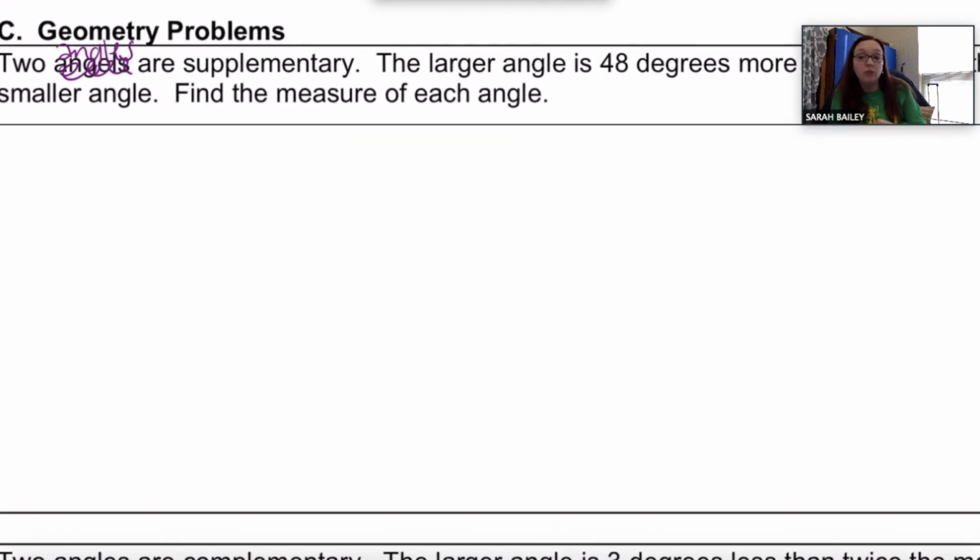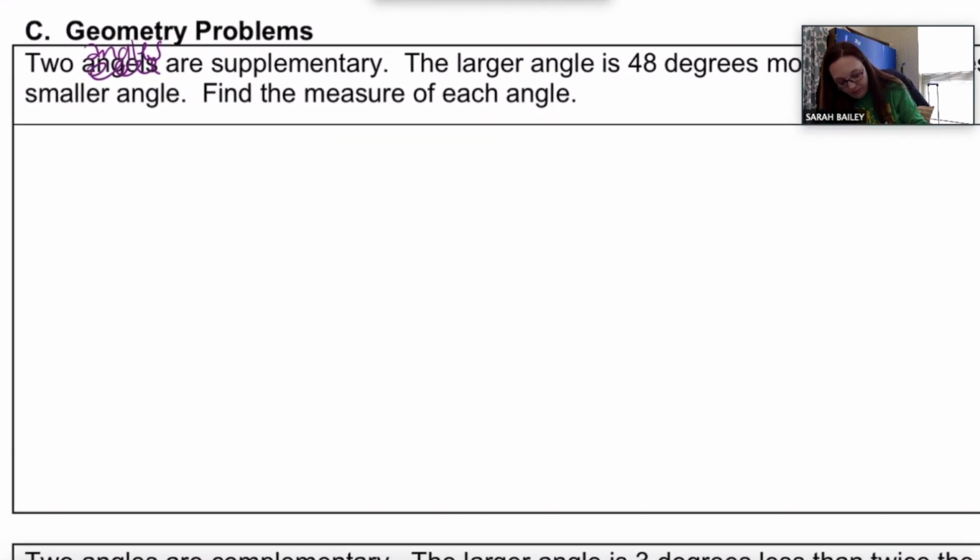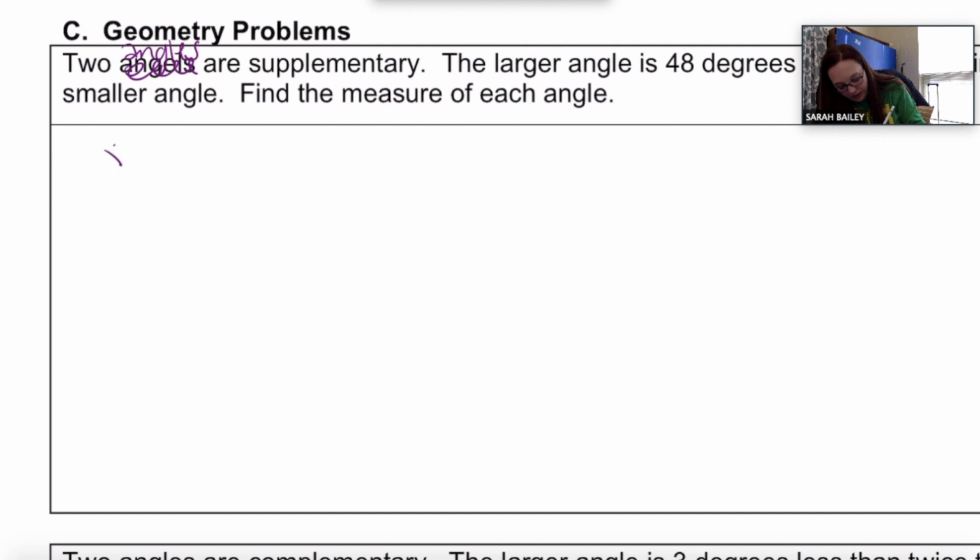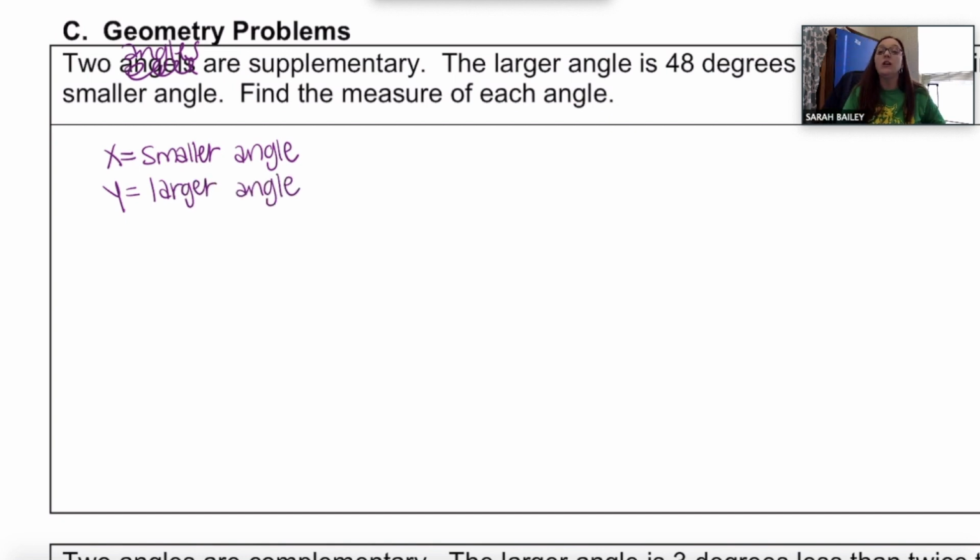So we've got two angles. We'll call them x and y. So x can be the smaller angle, which means y would have to be the larger one. Okay, so you need to know what it means to be supplementary. Remember that supplementary angles are angles that add up to 180 degrees, or they form that straight line.